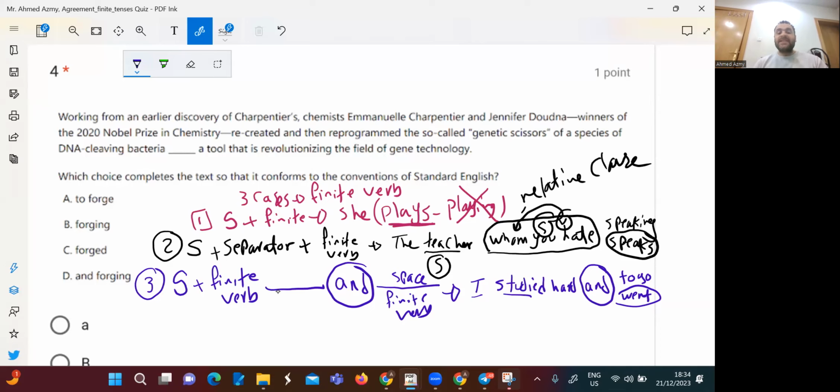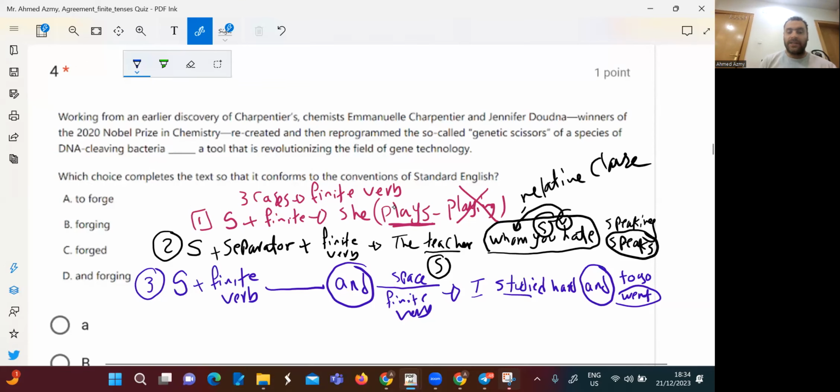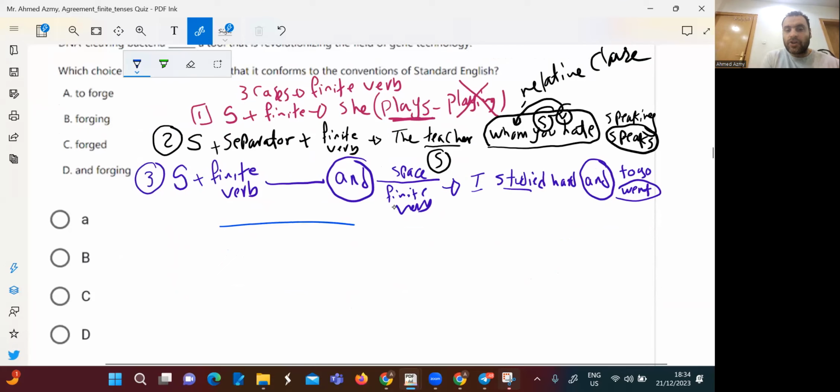So, guys, in these three cases, you must choose a finite verb. If you do not have those cases, you must choose a non-finite. Now we want to differentiate between the non-finites.